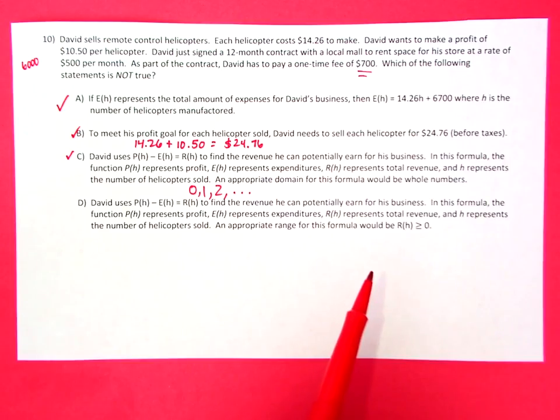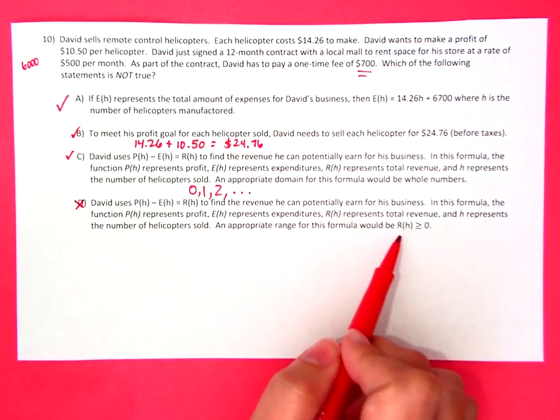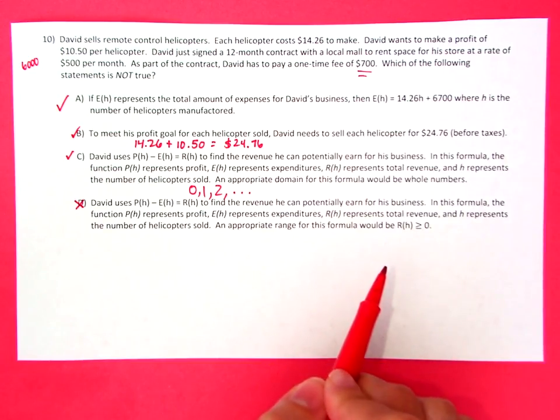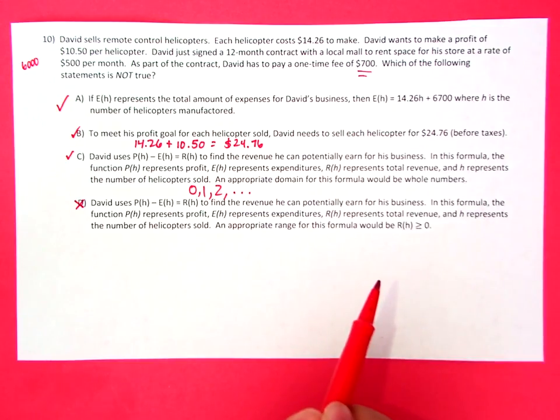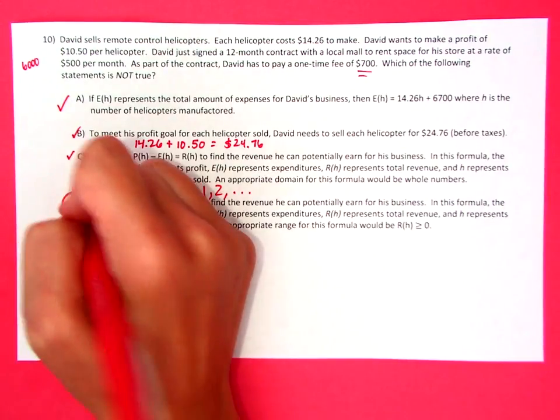That happens in businesses. So this cannot be true here, because the revenue could also include some negative amounts as well. Essentially anything that would have cost him money to create this business, and if he didn't make ends meet, then he could also have a range that includes negative numbers. So our answer choice for this problem should be D.